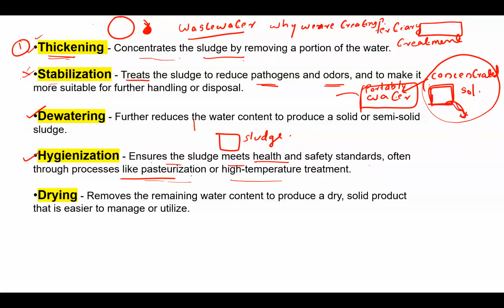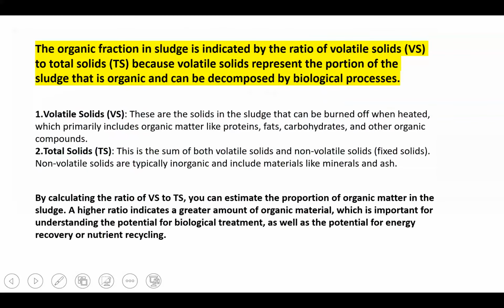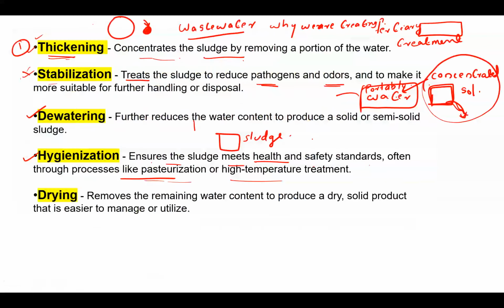We either go for high temperature treatment or use pasteurization to make it suitable for the next step. We have to look at the quality of the sludge and make sure it is under the limit for transfer to the next step.